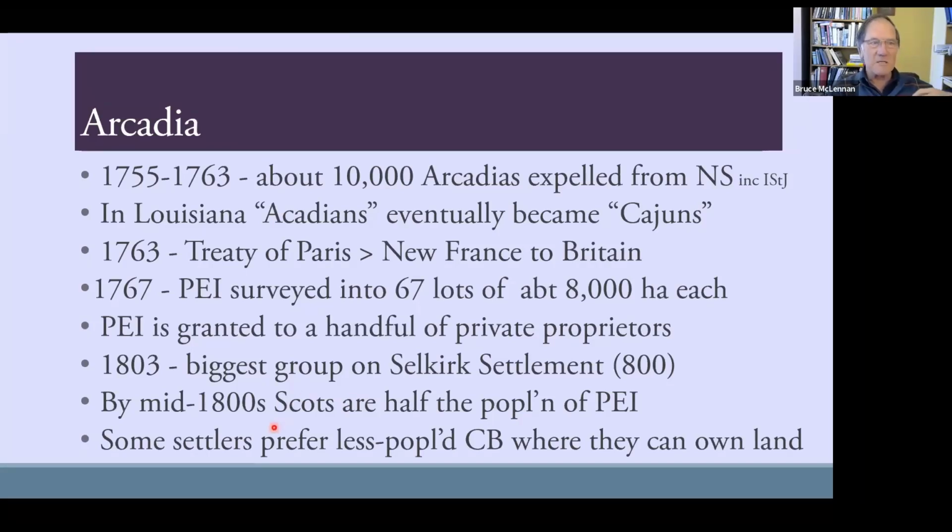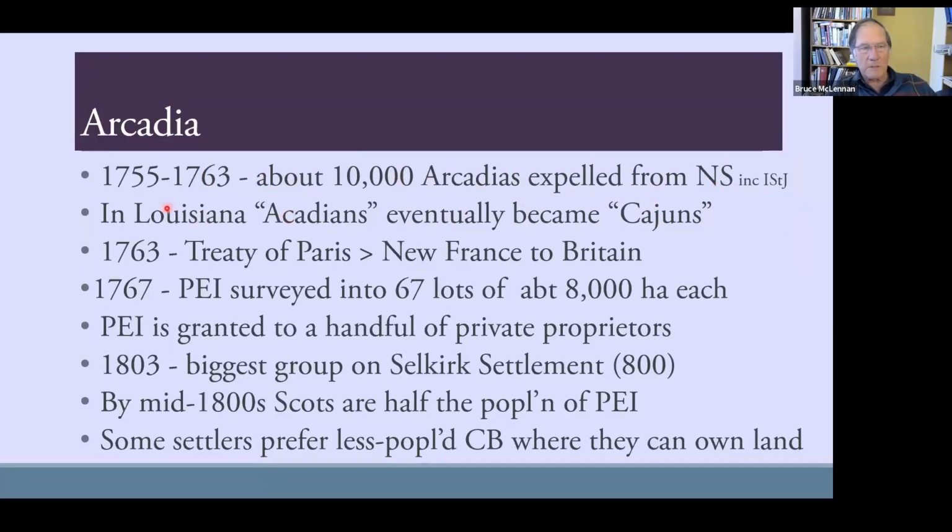Anyway, these people that you see down there in the bayous of Louisiana, with places named Albertville and names like that, were people who got evicted by the British from Nova Scotia, as we call it, including Ile Saint-Jean.